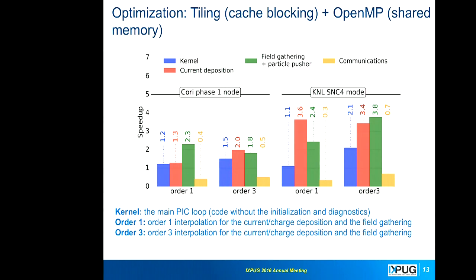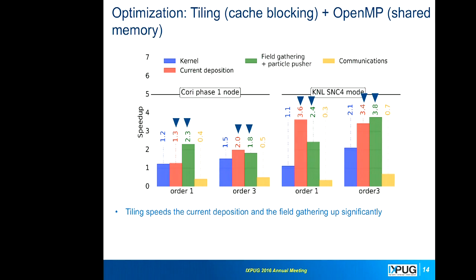Then we have 4 colors: blue for the kernel, being the entire PIC loop without the initialization and the diagnostics; the current deposition in red; in green the field gathering plus the particle push all together; and in orange or yellow the communications.